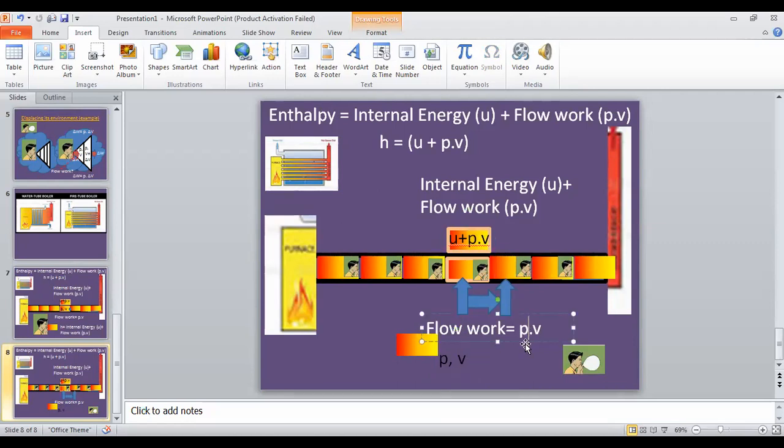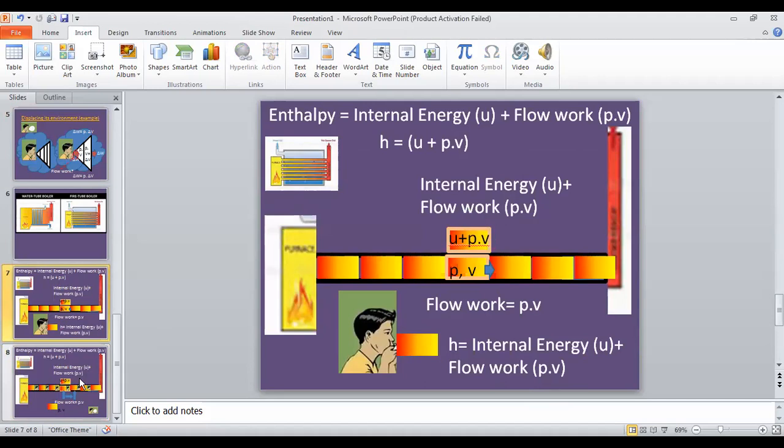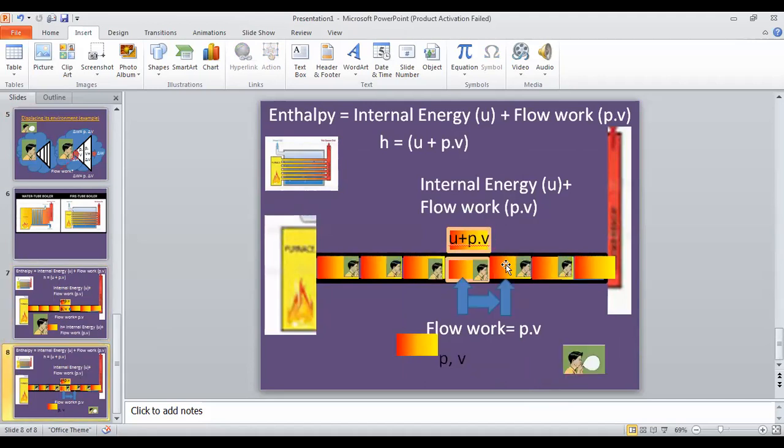But generally know that flow work is P times V, or P times delta V if it's a very small work, a little displacing of the surroundings, the pressure initially times the delta V. But in this case, it is the pressure times the same V displaced from here to here. You imagine it like that. So then you have the energy because of the flow work, plus the internal energy.